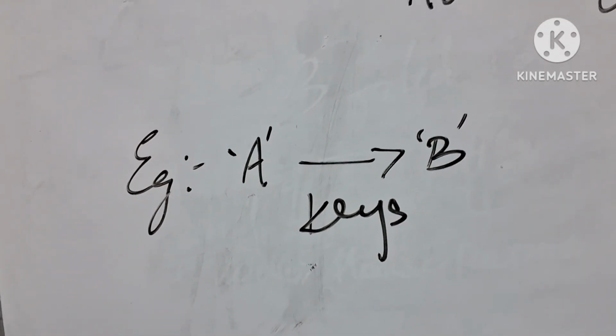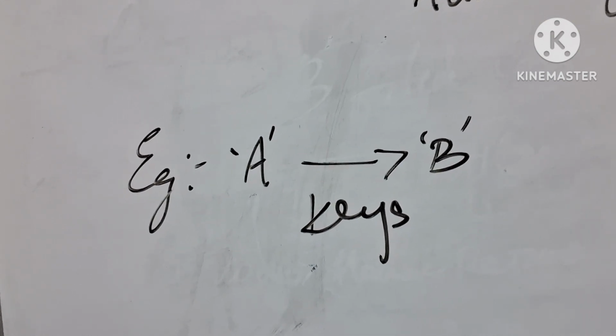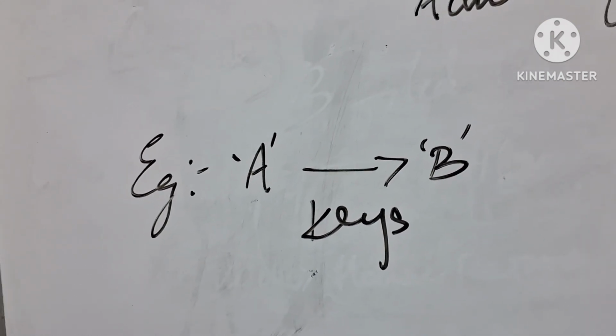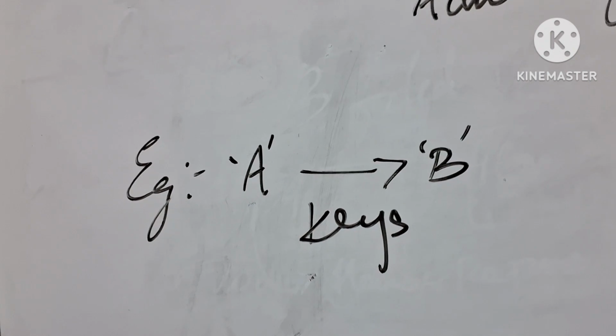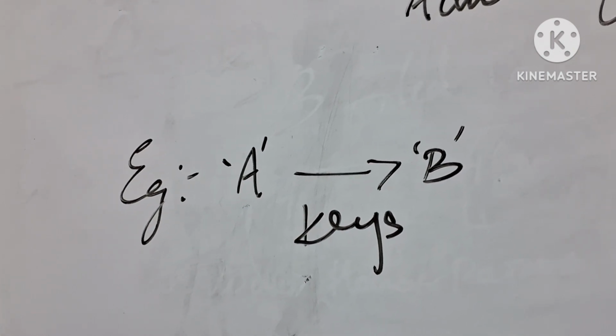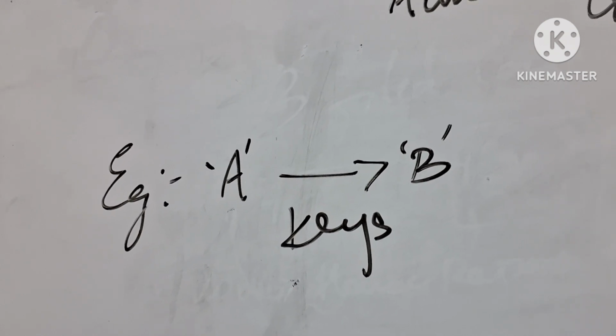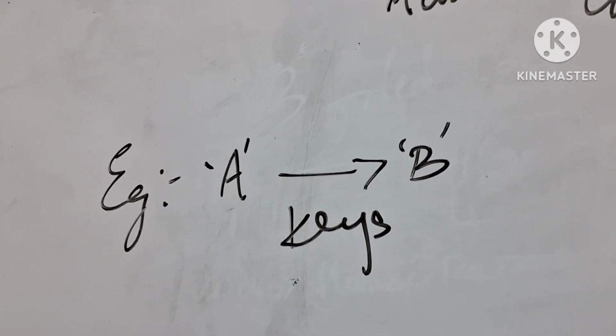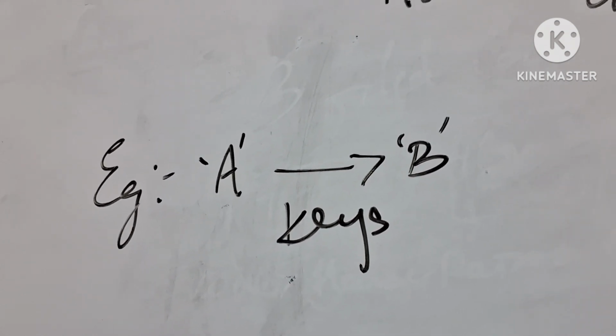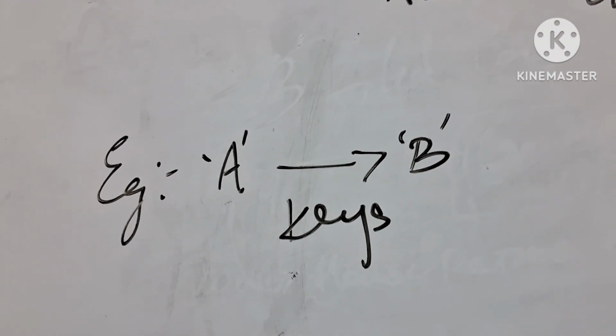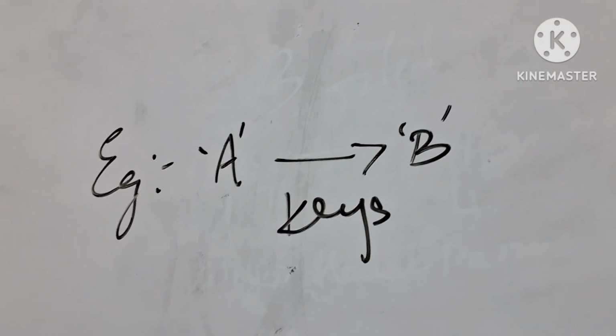Example: A is a petitioner and his car is not working, and he goes to B, who is the garage owner, and hands over the keys of the car and tells him to take my car from my home and repair it.